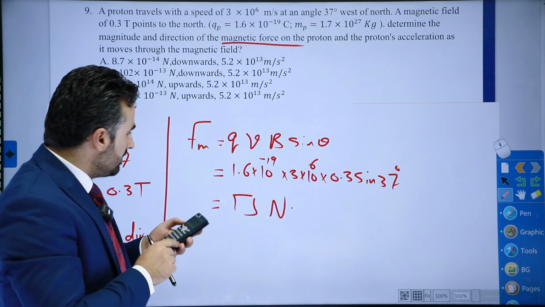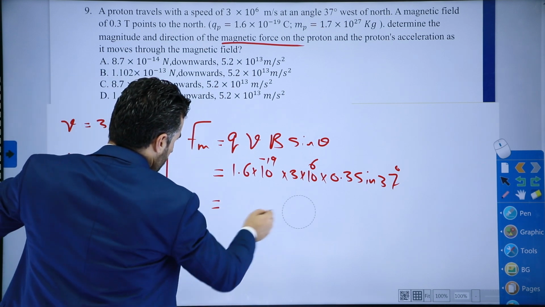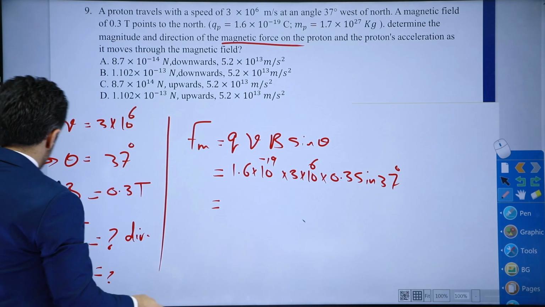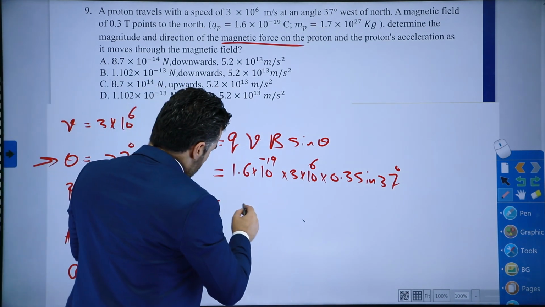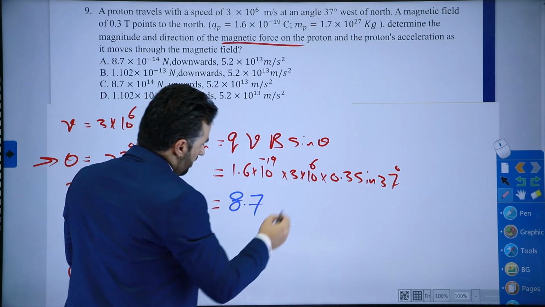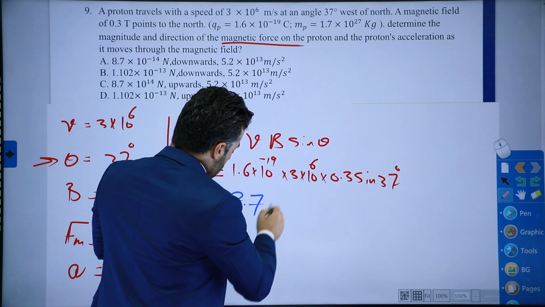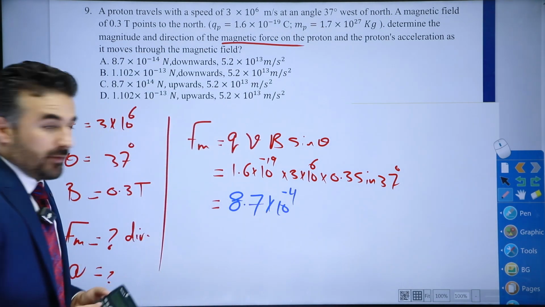The answer is 8.666, which is about 8.7 times 10 to the power negative 14. That is the magnitude. What about the direction?